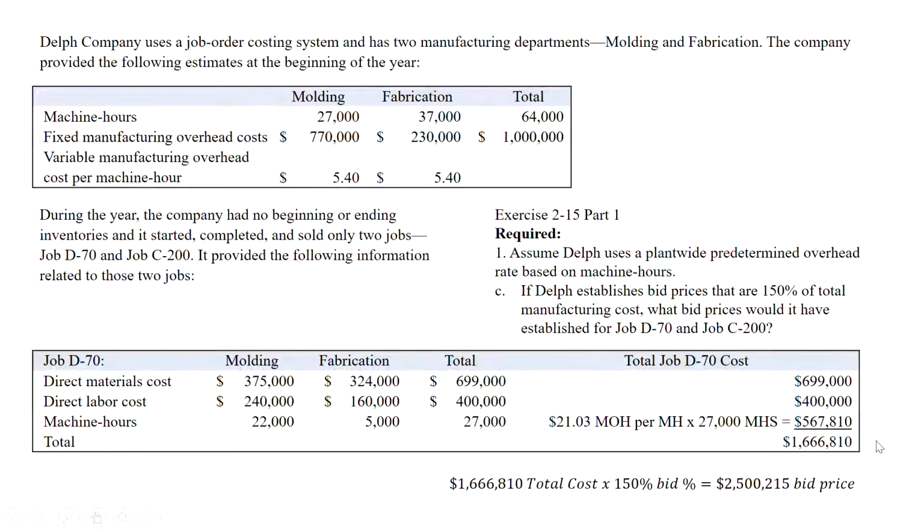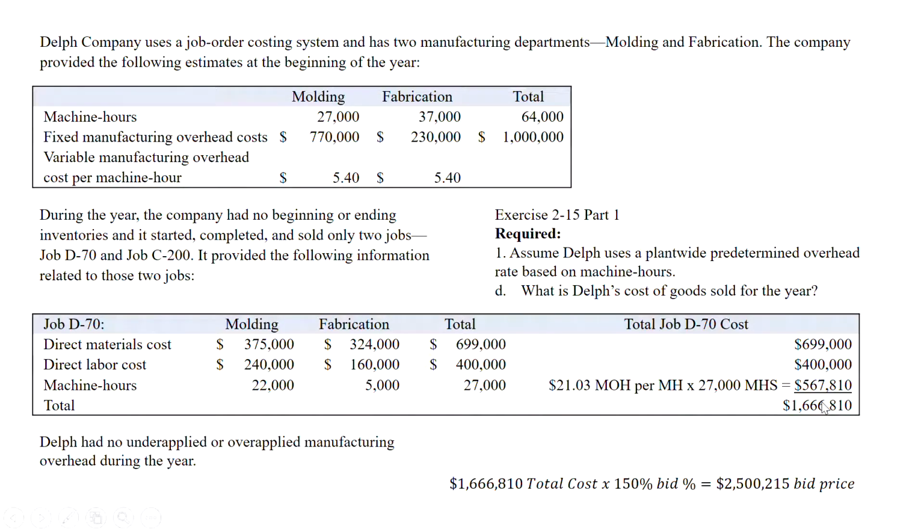The last item, D, says, what is cost of goods sold for the year? Now, I will tell you, in this video, I'm not going to calculate that for you. The real reason is that to calculate it, I would also need the cost of job C200, which I didn't calculate.